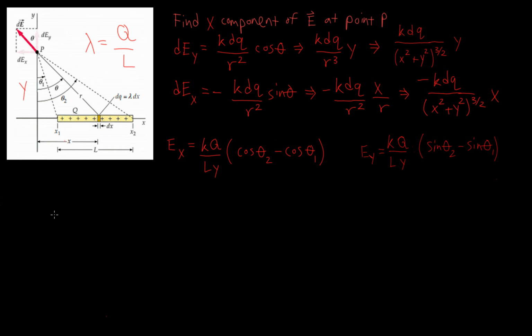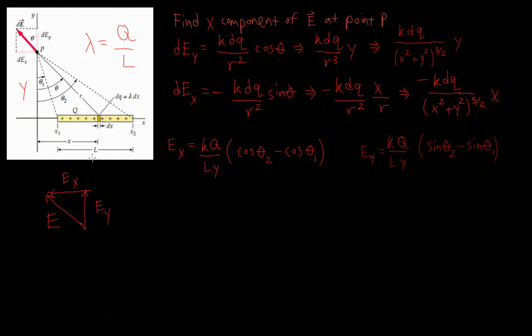If I redraw the triangle at point P, it would look something like this: the hypotenuse is the magnitude of the electric field, the vector pointing in the vertical direction is the electric field in the y direction, and the vector pointing to the left is the electric field in the x direction.